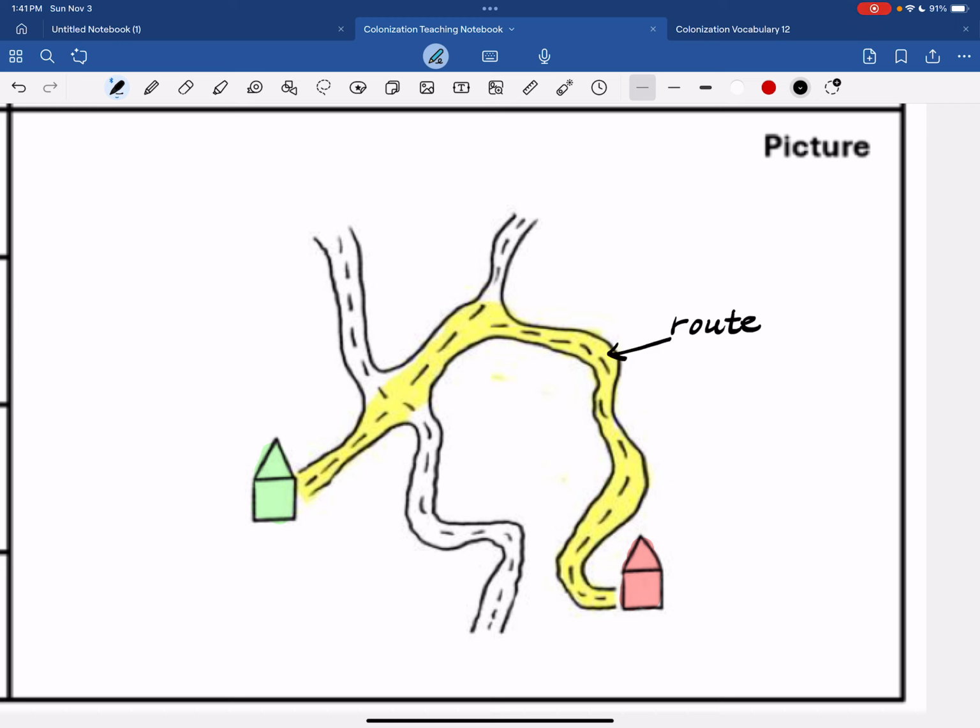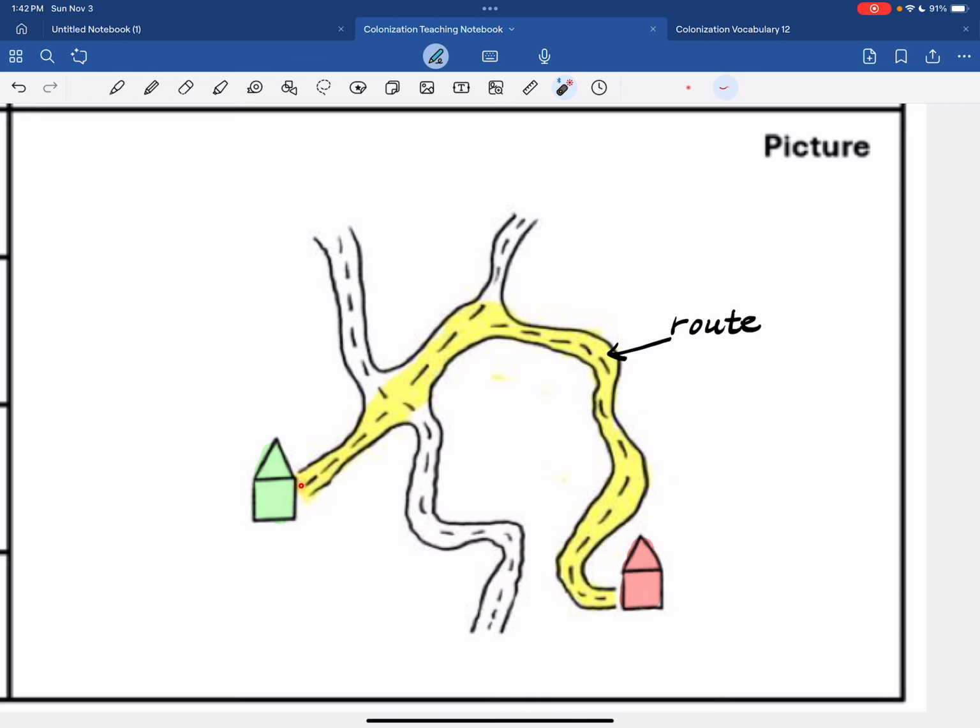So let's think about this. If I want to go from the green house to the red house, there's only one way to do this. If I go this way and turn left, I'm going in the wrong direction. If I go to this intersection and turn right, I turn too soon, going the wrong way.